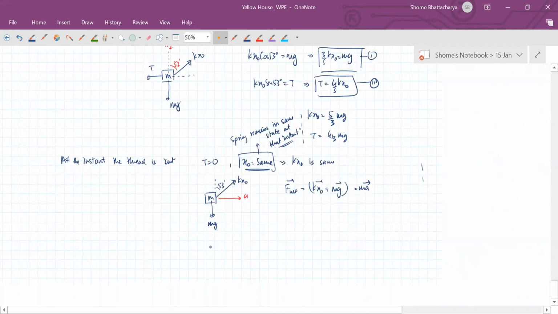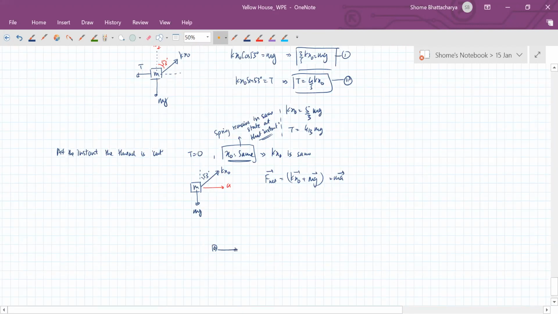So we can break this into components and understand. So this will be kx naught sine 53, which from above was equal to the tension. So that was equal to 4/3 mg. And this is kx naught cos 53, which was equal to mg.